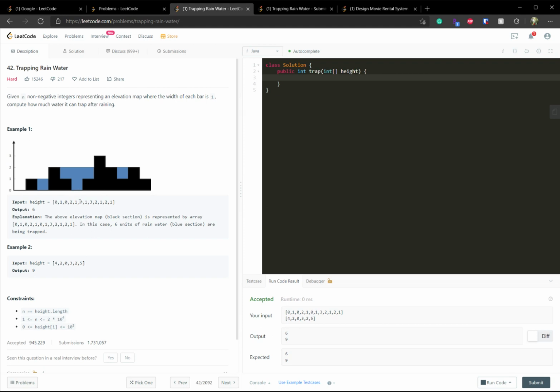For example, the zero here, which corresponds to this place in the graph. The amount of water we can trap here is dictated by the lower of the highest numbers on either side.